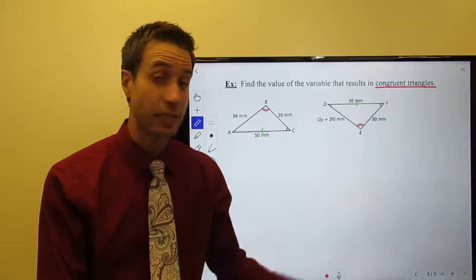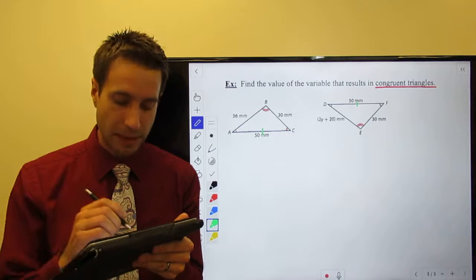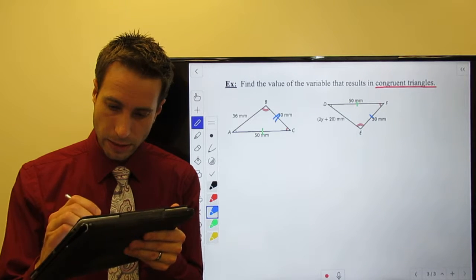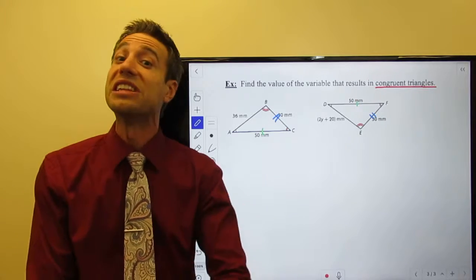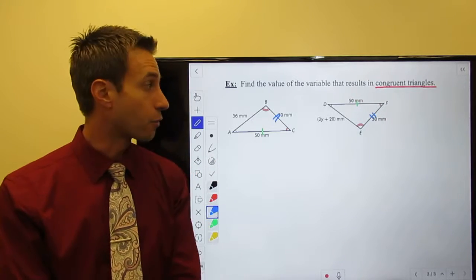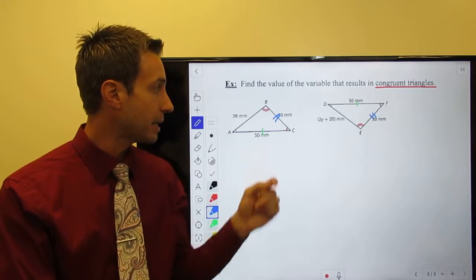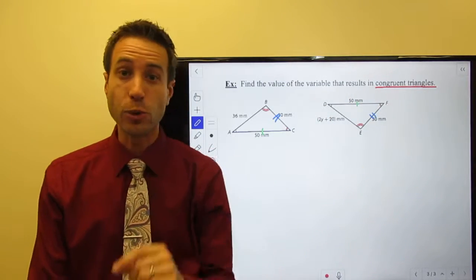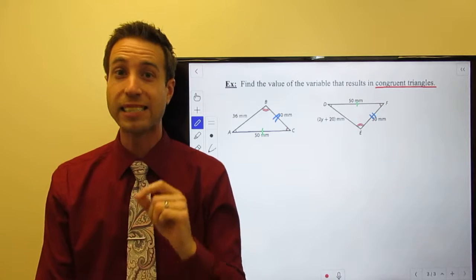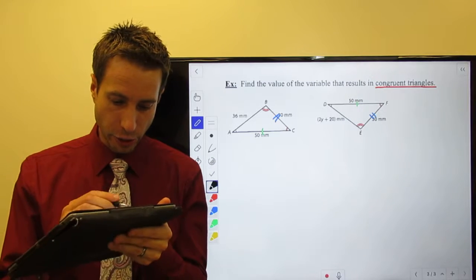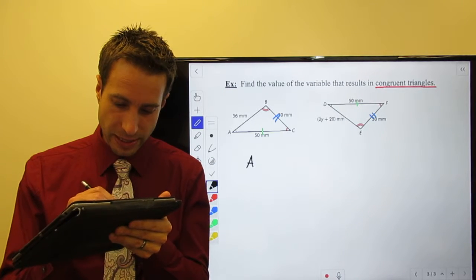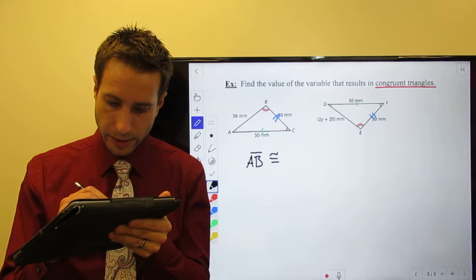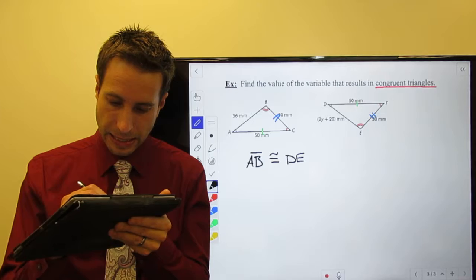And indeed it is 30 millimeters and 30 millimeters. So double and double. Which leaves me with one pair of corresponding sides left, AB and DE. Well, I want these triangles to be congruent, so that means that those two sides must be congruent. I know that side AB must be congruent to side DE.